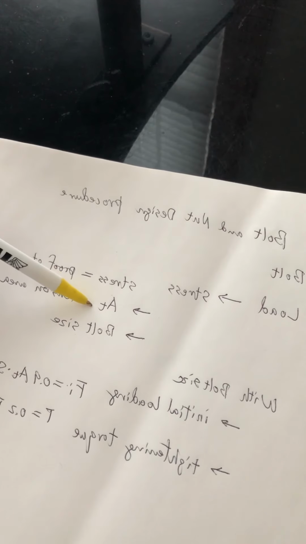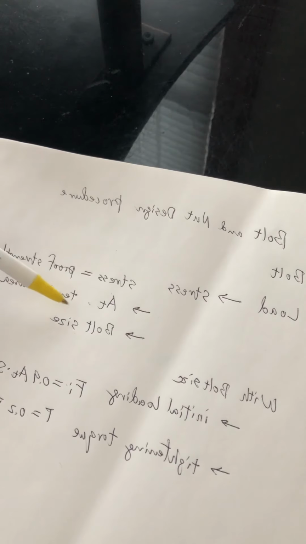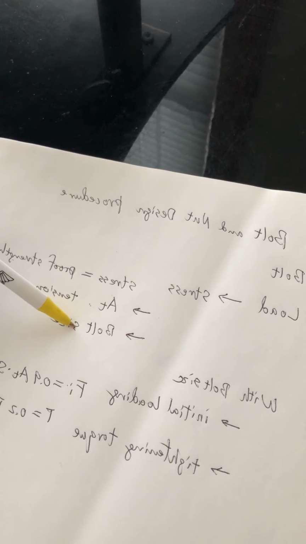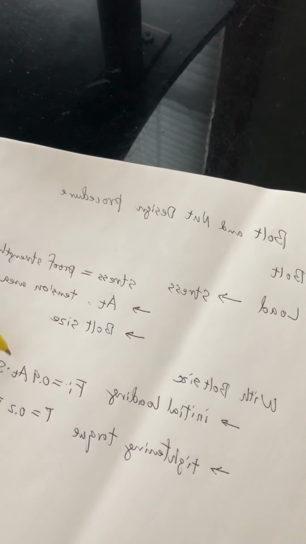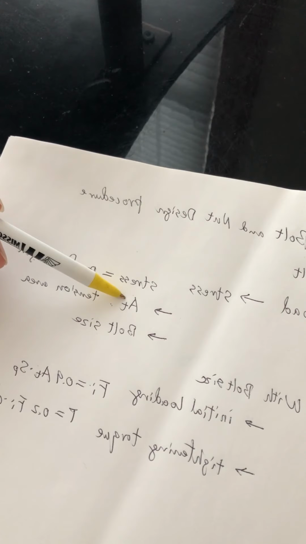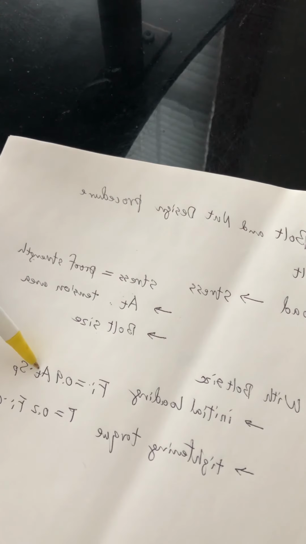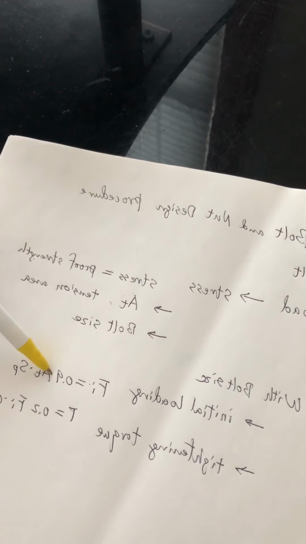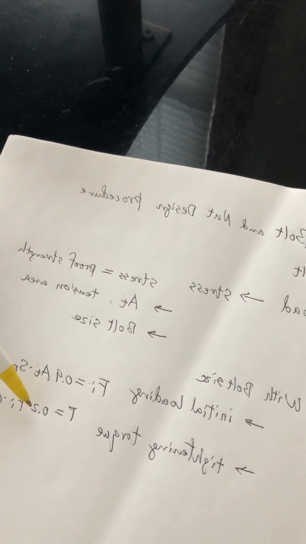Now, once you know the area, you check the table and find out the bolt size. From the bolt size, you can go back to find another tension area that is slightly different from this value here, and you're going to use this value here. So you find out the initial loading, you find out the torque. That's what we need to do.